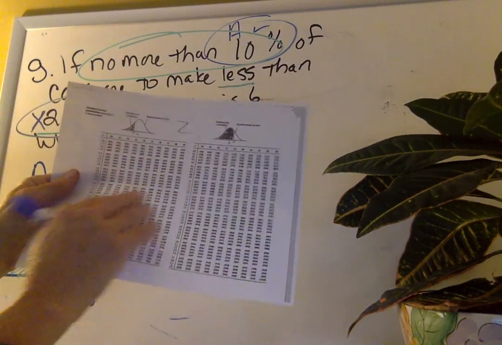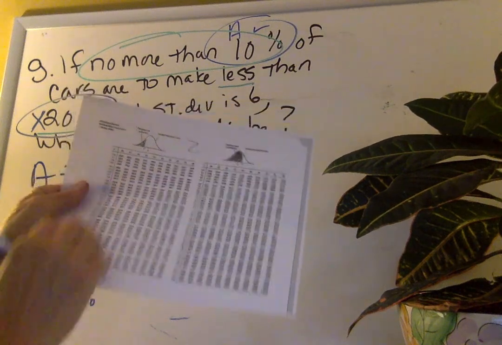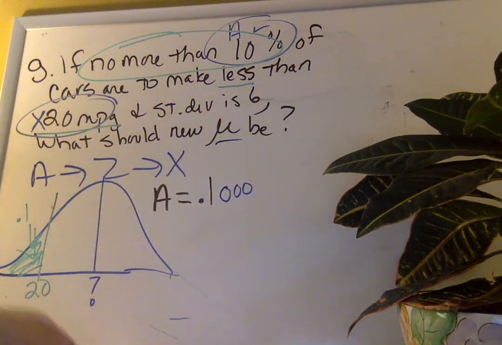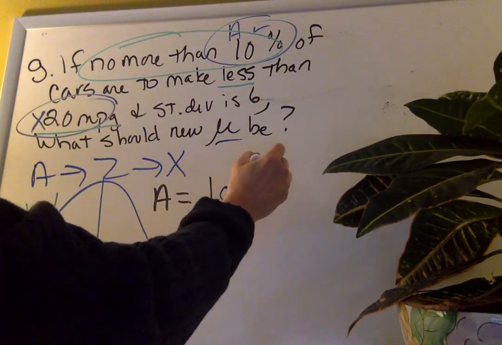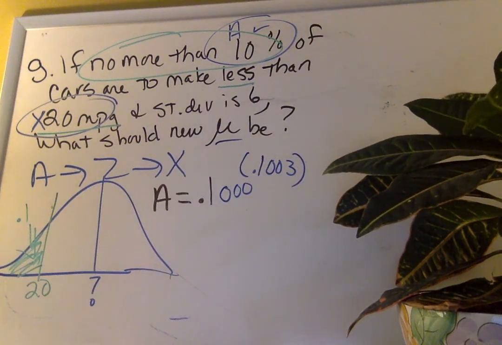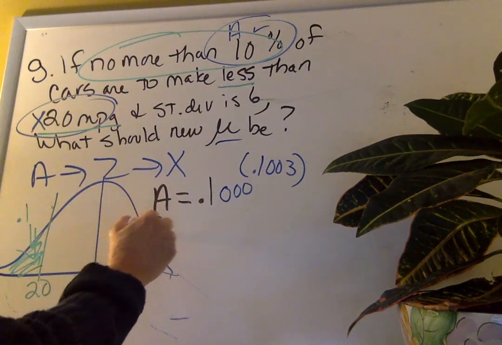You are searching in the body of the chart over here for as close to 0.1000 as you can. Don't look up 0.01. This is 0.1. I'm not going to look at my notes. I'm actually going to do this from scratch. I see 0.1020, 0.1003. He looks like the closest. So I actually found 0.1003 when I looked. That gives me a z-score of negative 1.28.